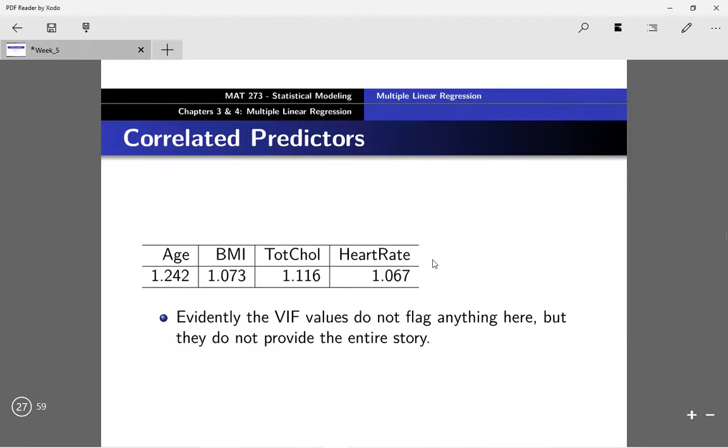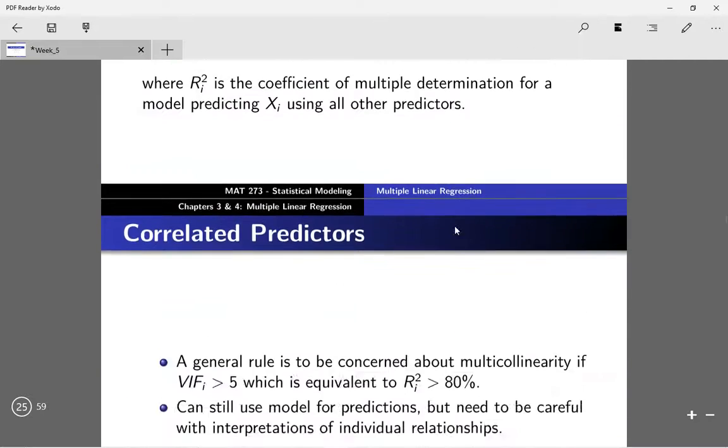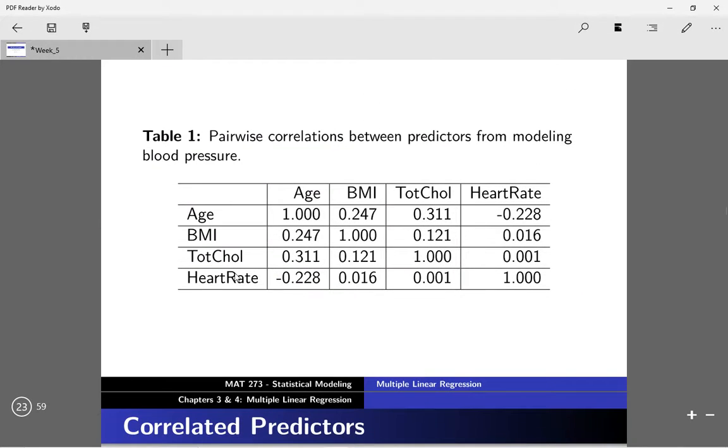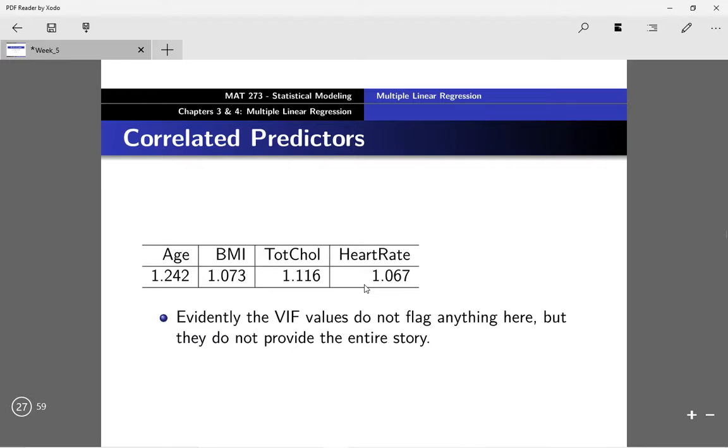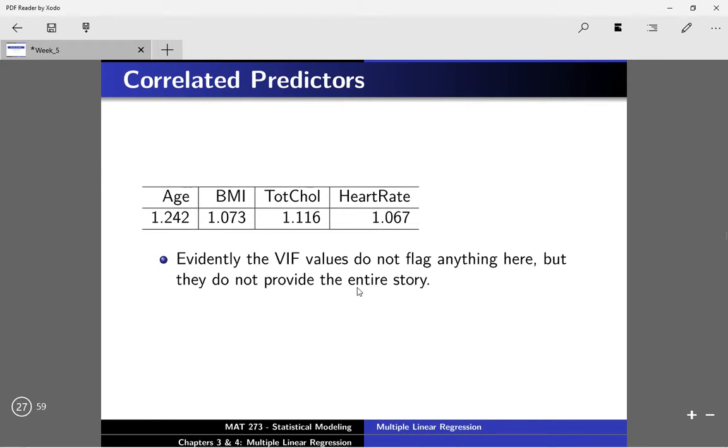And so here what we can see is that none of the VIFs are even close to 5. If we remember back, 5 was our rule of thumb for when to be concerned. All these variance inflation factors are quite close to 1 actually. But we did see, based on the table of correlations, that there certainly is multicollinearity going on here. But the variance inflation factors seem to suggest it's not as much of a problem. So this is where there's not always one right answer with regression modeling.